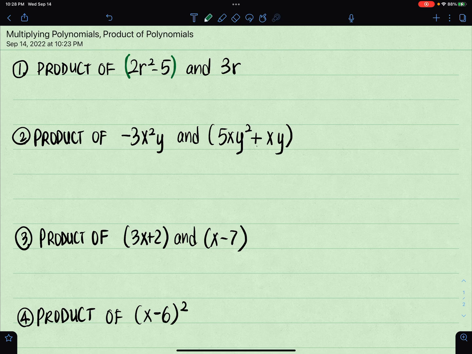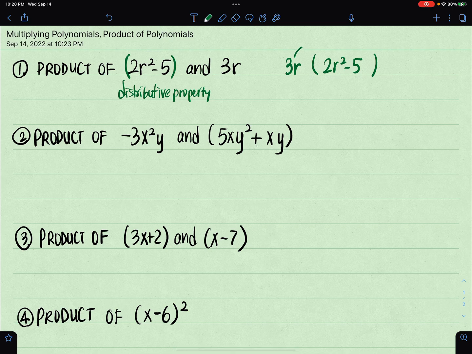So when they ask us to multiply these two, what we're going to do is write the shorter one first and then write the longer one next. And so if you see here, we're going to use the distributive property. So we're going to distribute the term 3r. 3r times 2r squared.